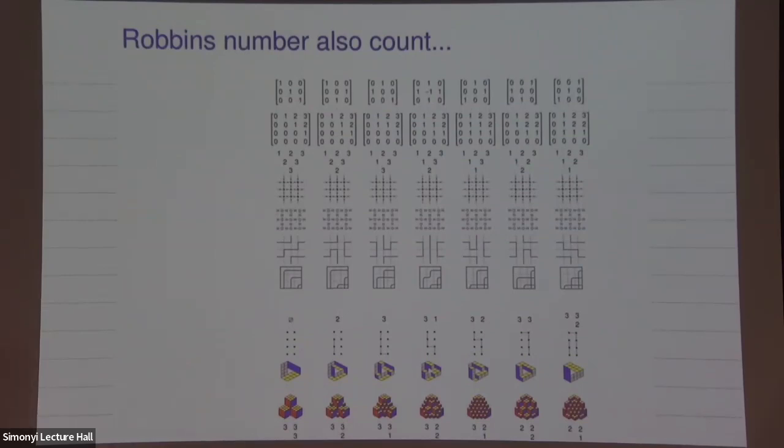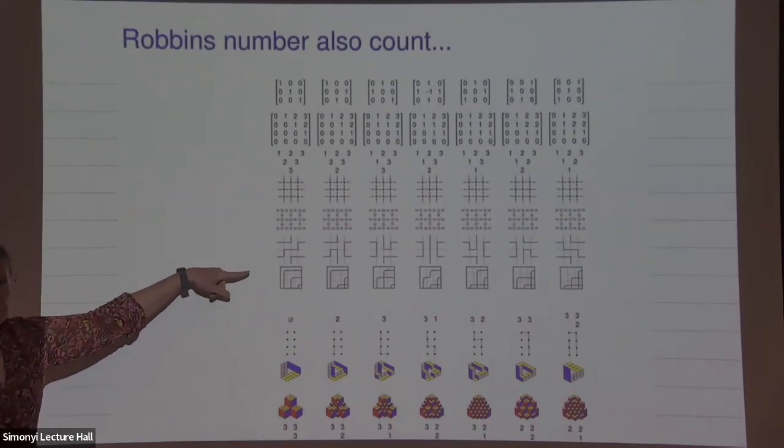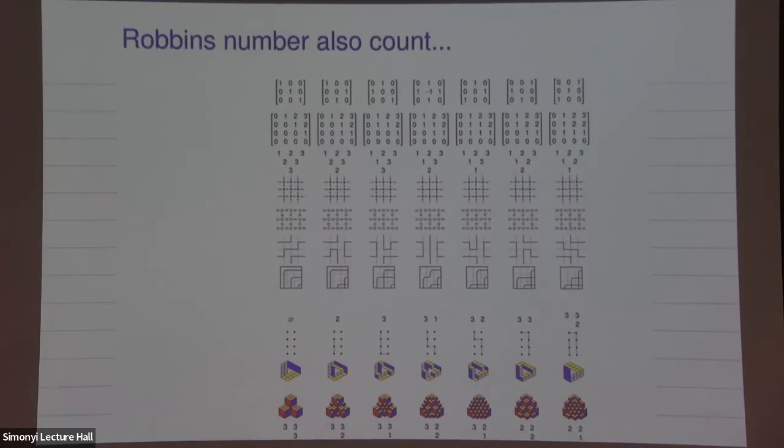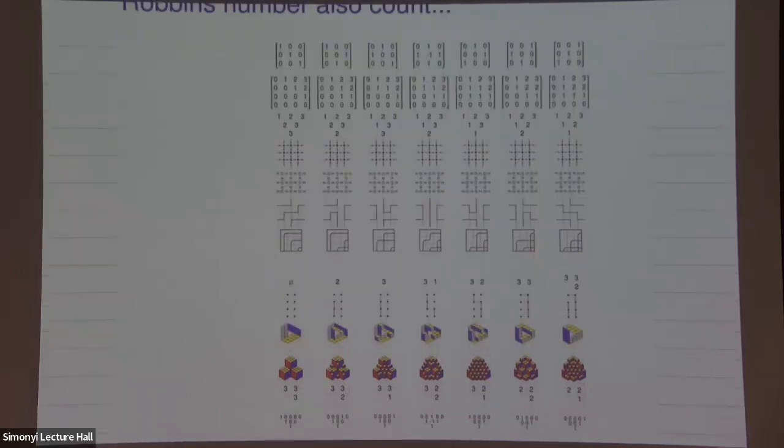So here are some examples. And notice that bumpless pipe dreams are among the list here, right? So Anna Weigandt pointed this out after Lam, Lee, and Shimozono gave their definition. So they're close to our heart in some sense.